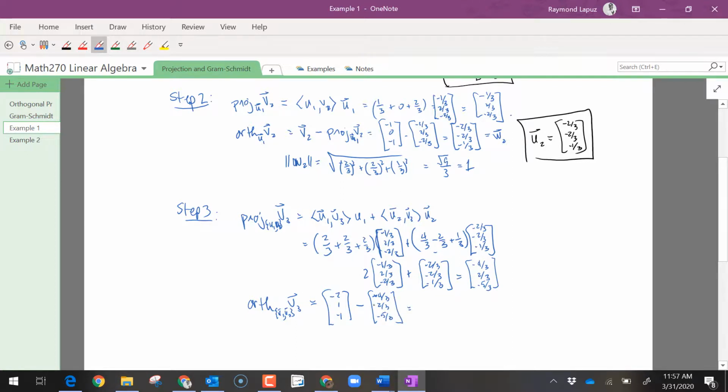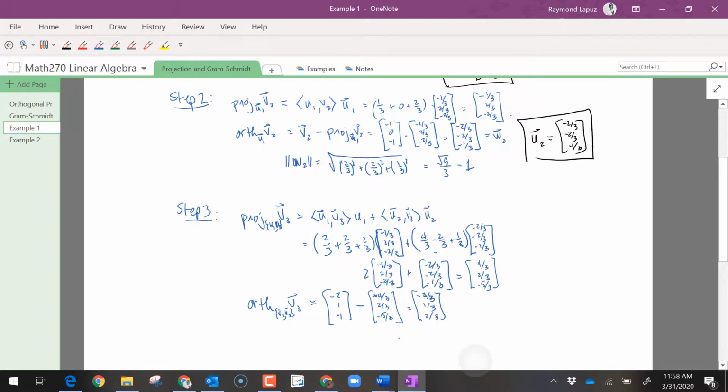So what do we have? Negative, negative, so this is positive 4 thirds, 6 thirds, plus 4 thirds, 6 is bigger, so it's negative 2 thirds. We have 1 minus 2 thirds, so that's going to be positive 1 third. And 1 plus negative 1 plus 5 thirds, so 5 minus 3 is 2, positive 2 thirds.